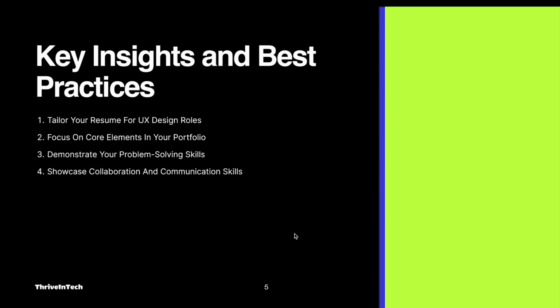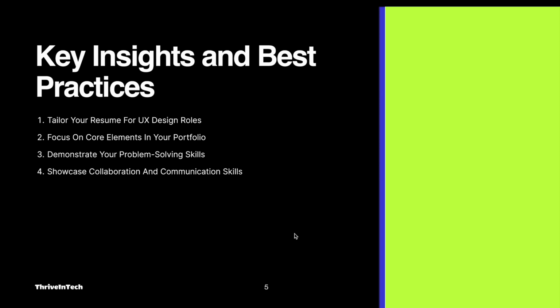So start with a strong summary highlight of your expertise, key skills, and years of experience in UX design. You want to emphasize your accomplishments and impact, showcasing specific projects and their outcomes, right? And also, you want to include relevant keywords to ensure your resume gets noticed by the applicant tracking system, which is the ATS software that I told us about, and also human recruiters.